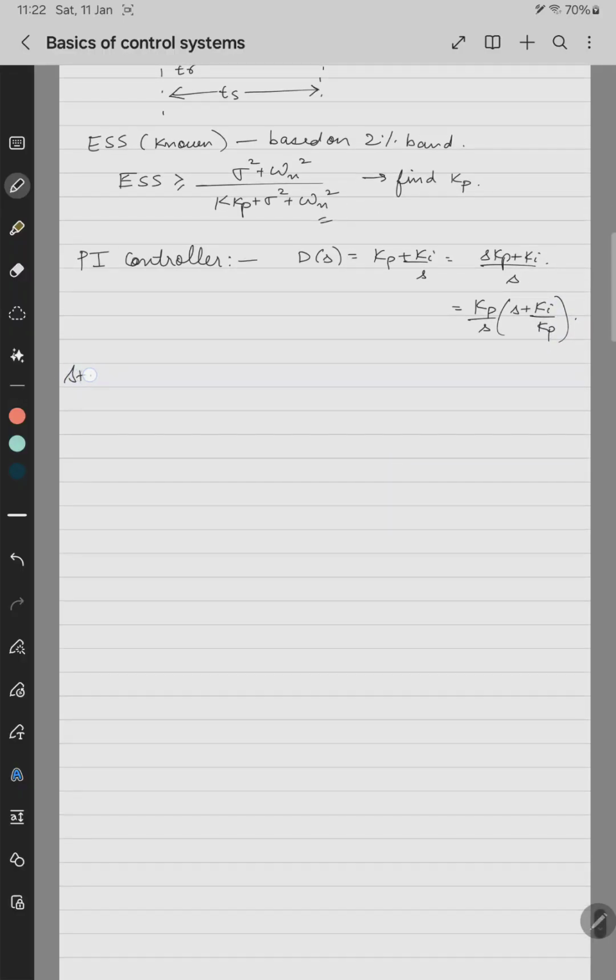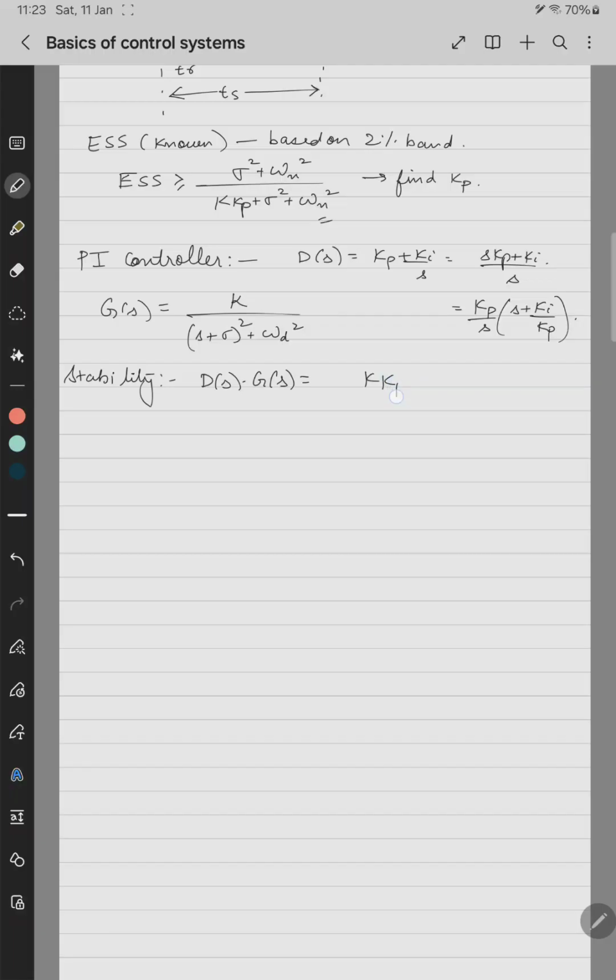Then stability. What will be D of S into G of S? G of S will be K by (S plus sigma) whole square plus omega D square.